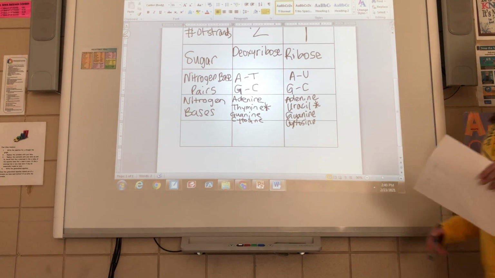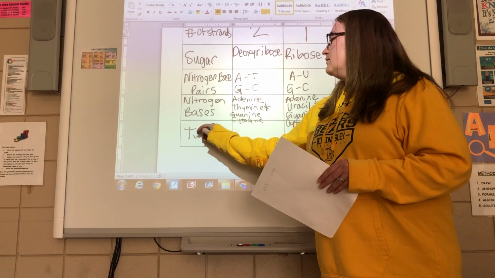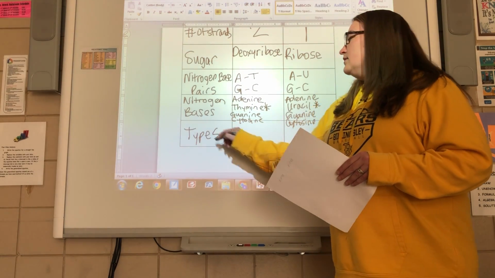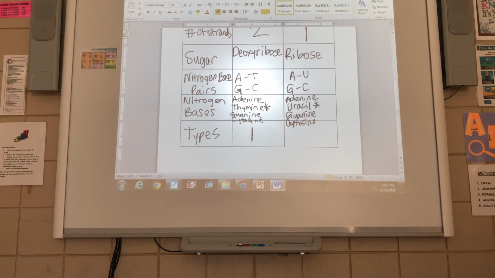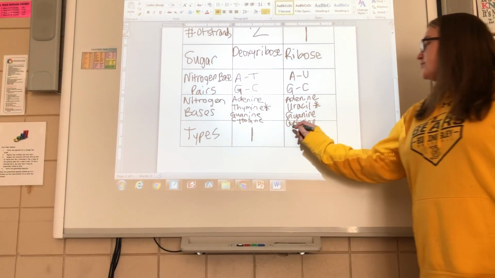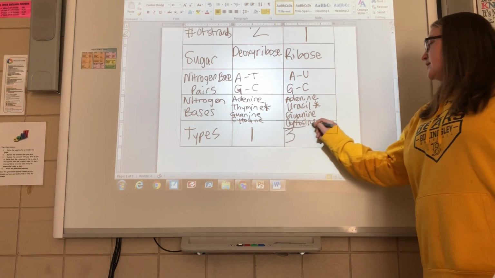And let's look at the types of DNA. There's one type. You have just plain DNA and that's it. There's no other versions of DNA. But with RNA, you've got 3 different types. Let me draw a line here.